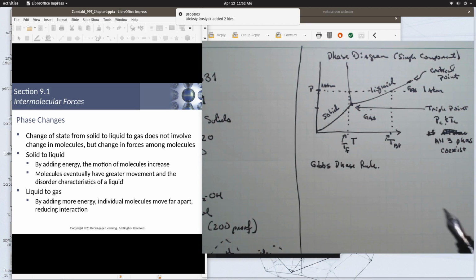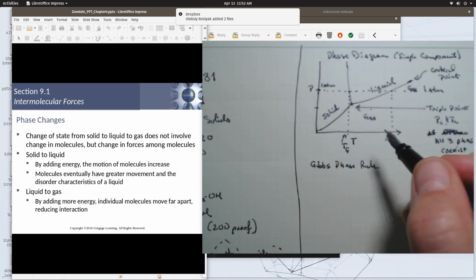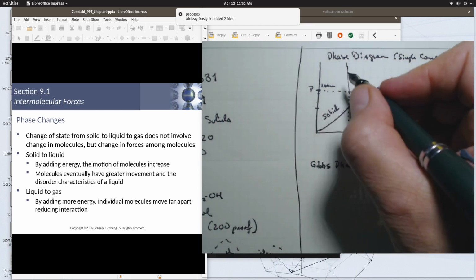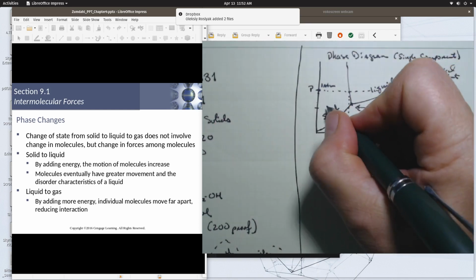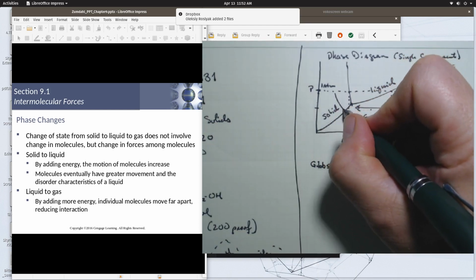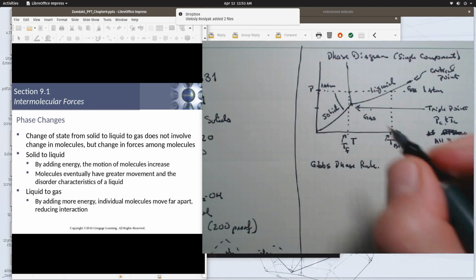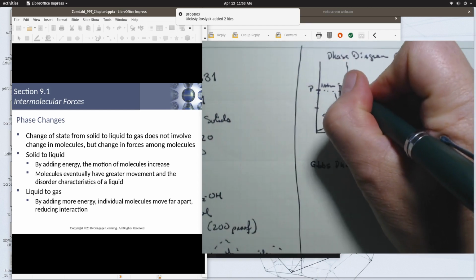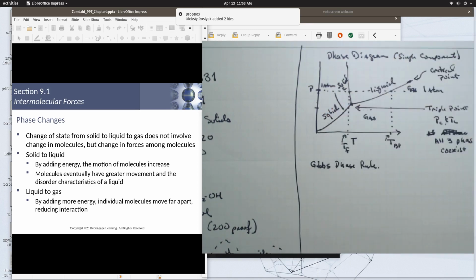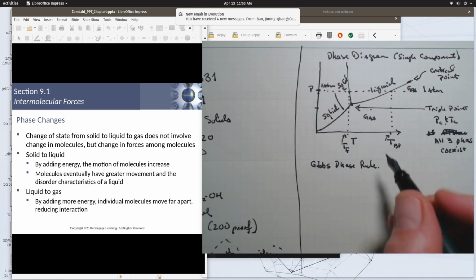What would be 4 phases? Like, for example, in ice and other materials, you might have different solid phases. I might have a solid phase boundary someplace in here where I have a solid 1 and a solid 2, corresponding to different packings of the crystal arrangement in a material, but I can never have more than 3 phases in coexistence for a single component system.